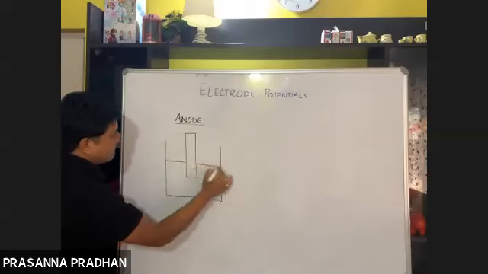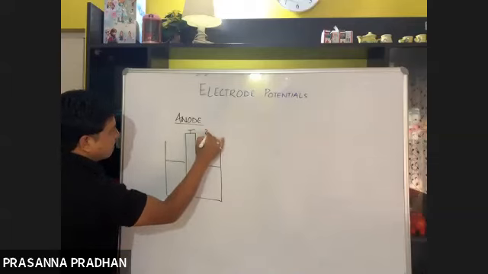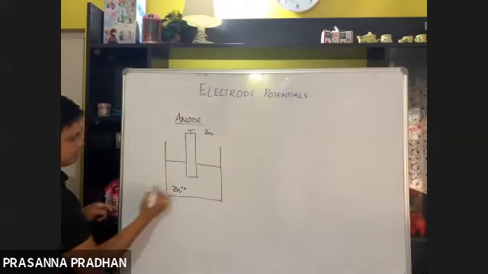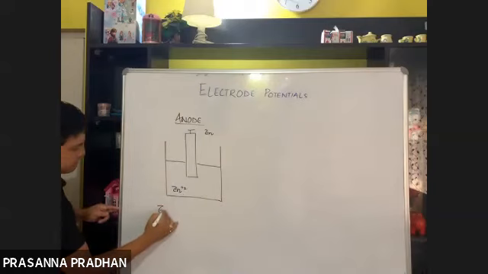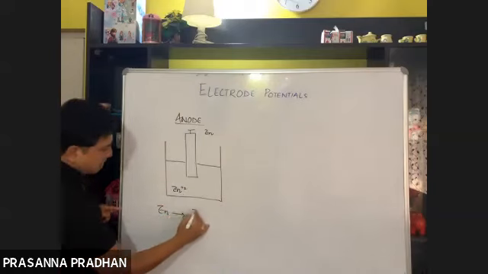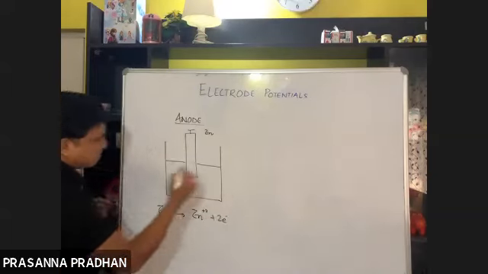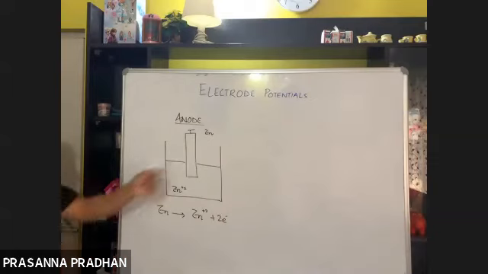So we had zinc out here, and we had zinc ions out here. At the anode, what is the reaction which occurs? Zinc goes into the solution as zinc dipositive ion, leaving behind two electrons. This was the reaction which was taking place at the anode half cell.